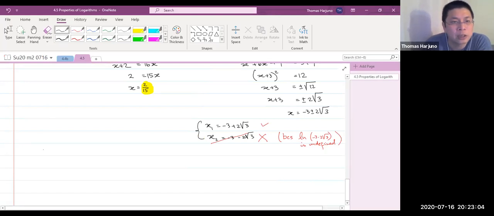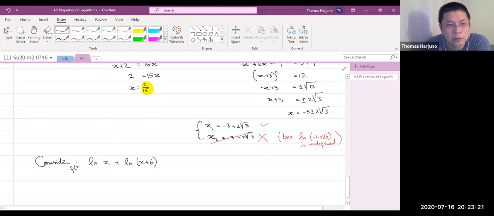So consider ln x plus ln(x + 6). Call that a function f(x).